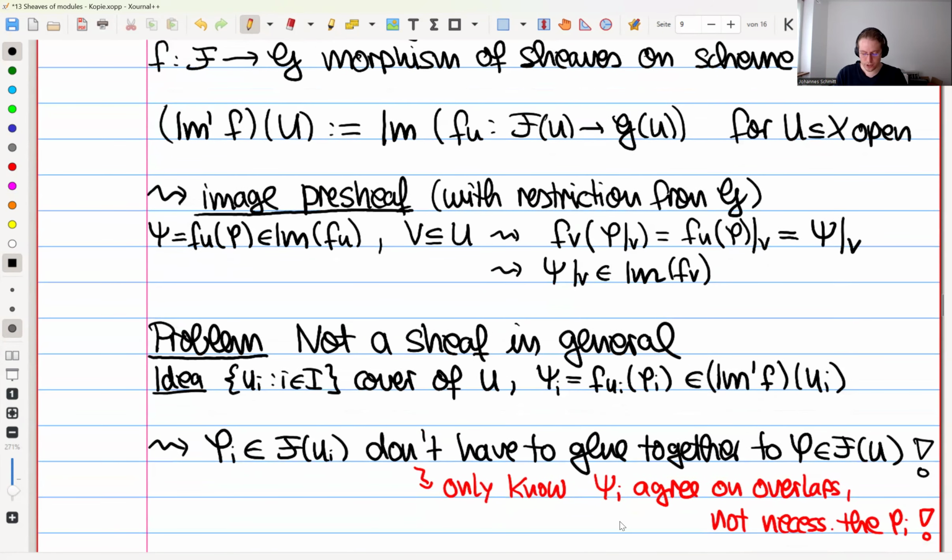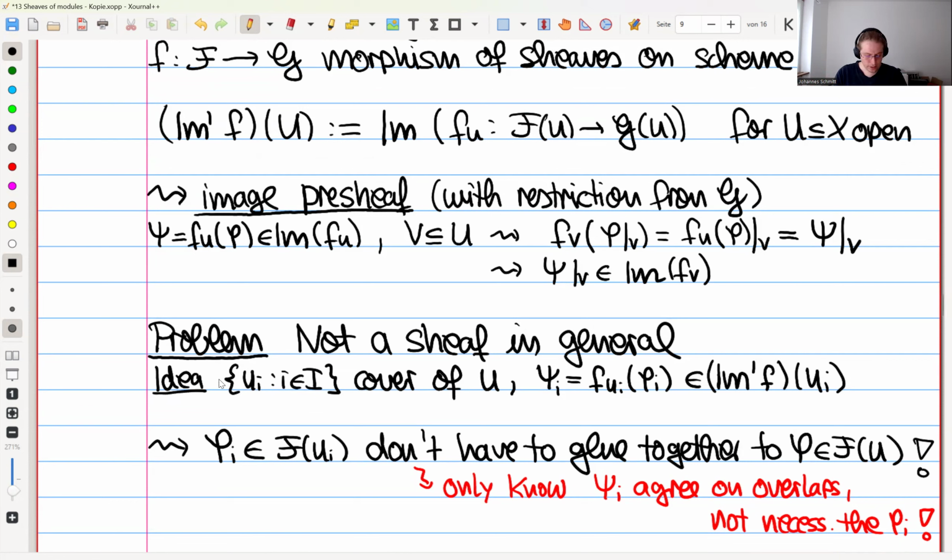The issue is we know that the psi i's agree on overlaps, but this doesn't mean that these pre-images phi i have to agree. If all of these things are injective, then you can kind of conclude this, but in general, this will not be the case.